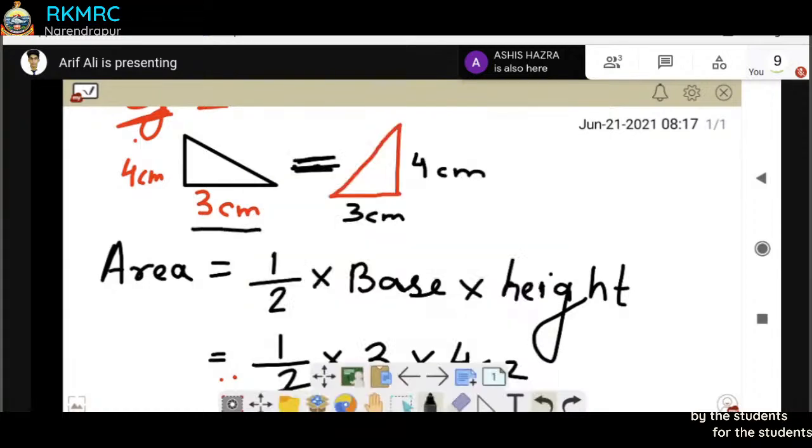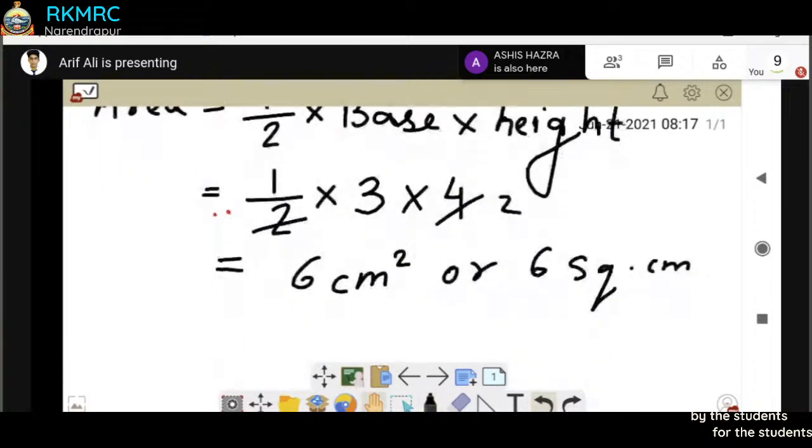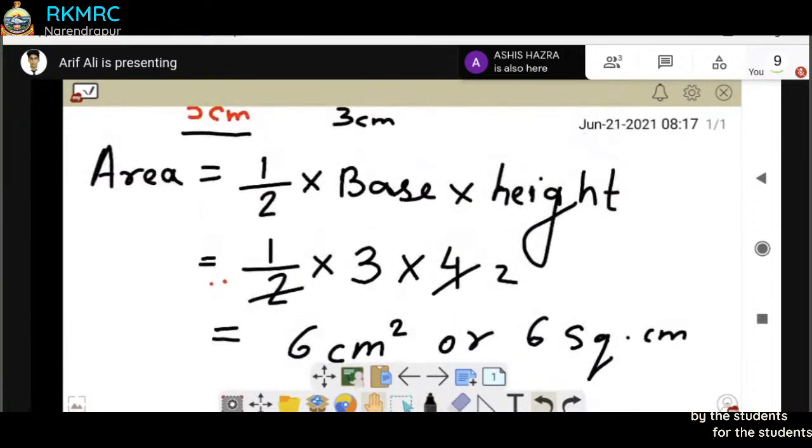See here, 3 centimeter, that's why we are writing centimeter square for area, because this base is in centimeter and this height is also in centimeter. If we multiply two same quantities, you will get that square. That's why we are writing centimeter square.